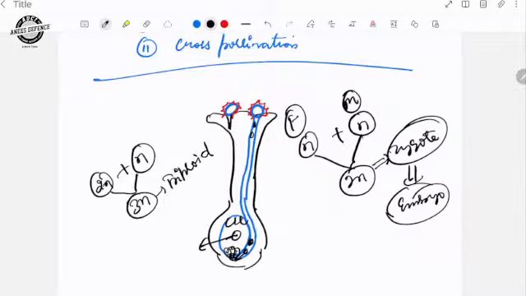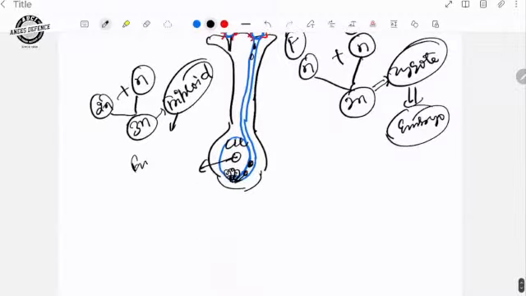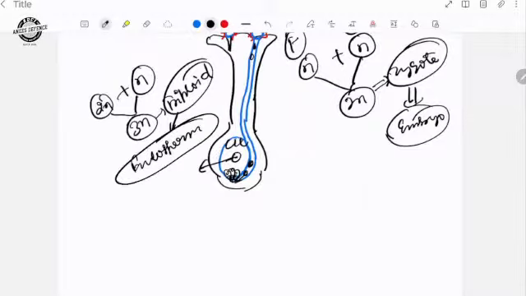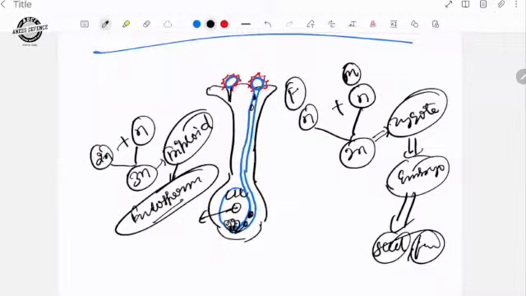This triploid further develops into endosperm. Understood? Endosperm formation takes place, zygote formation takes place, and from zygote to embryo to seeds, and from this embryo seed development, fruit development, and all the parts of the post-fertilization stage are going to be formed.